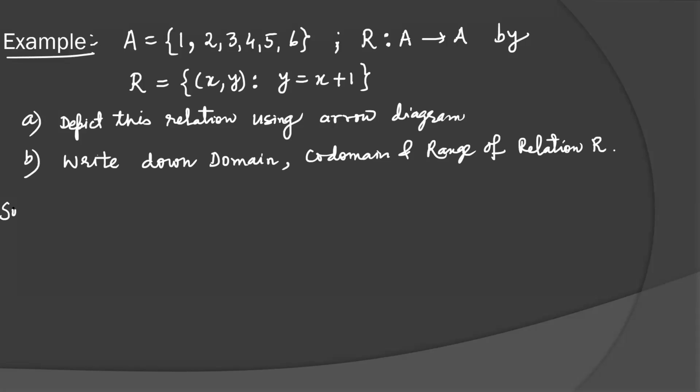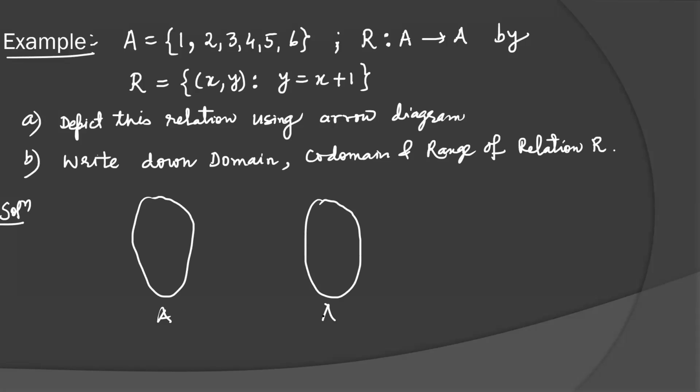Let's see the solution. Firstly, I am going to draw an arrow diagram. This is your set A here. R is a relation from A to A, see carefully, A to A. It is defining a relation from the set to the set itself only. The elements are 1, 2, 3, 4, 5, 6. It is not defining A to B, it is taking B equal to A only.